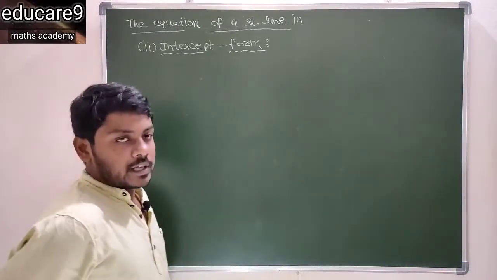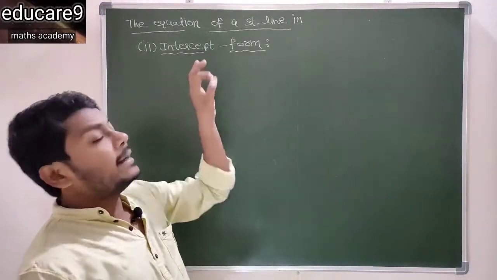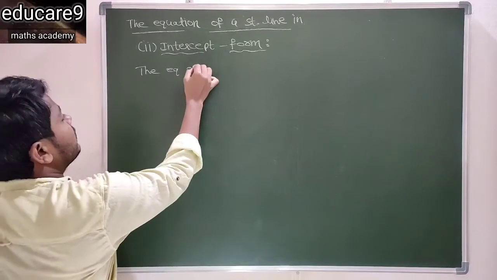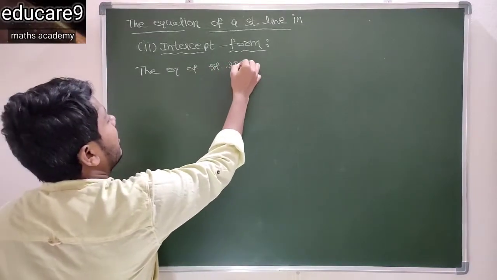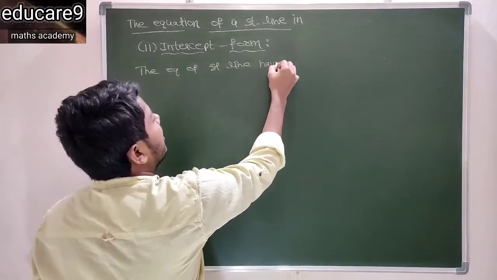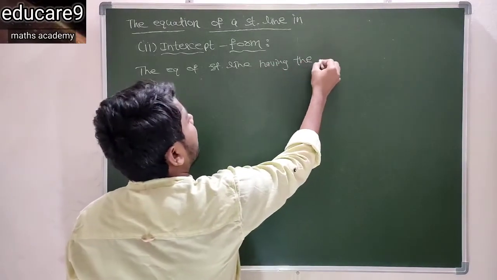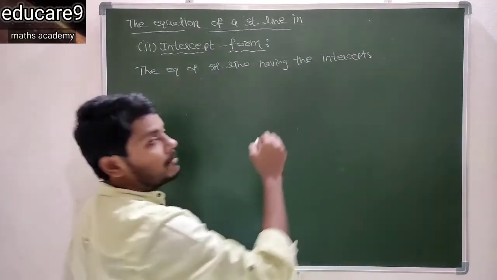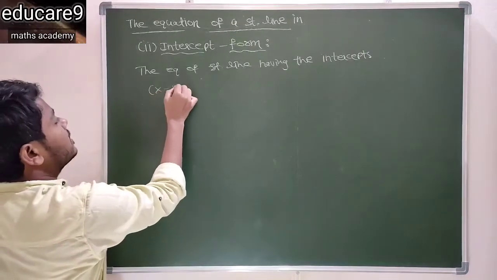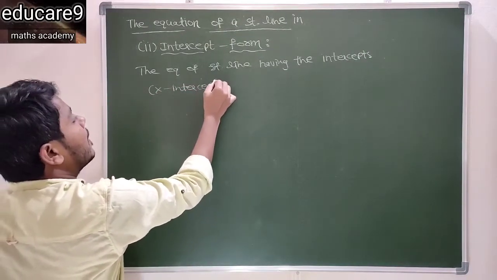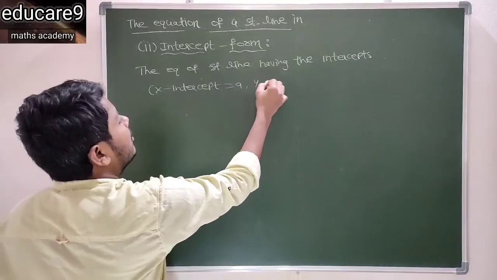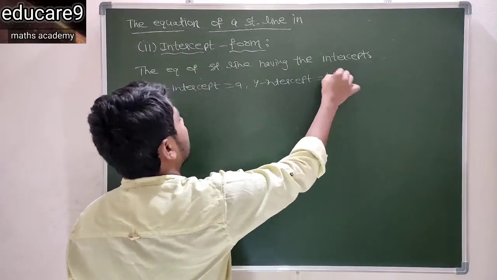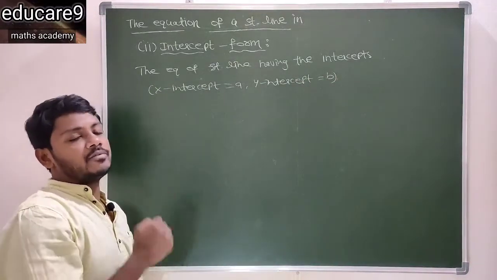Next one, the equation of the straight line in intercept form. The equation of a straight line having intercepts, that is x intercept a and y intercept b. Then what is the equation of that straight line?